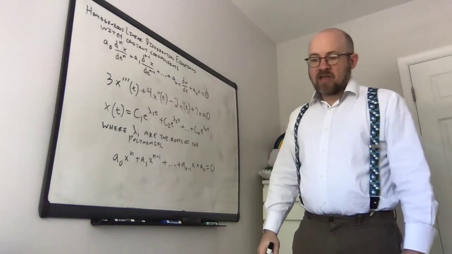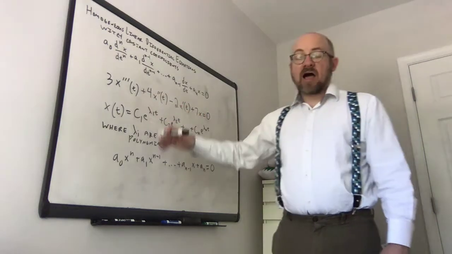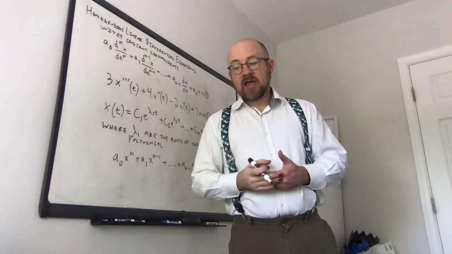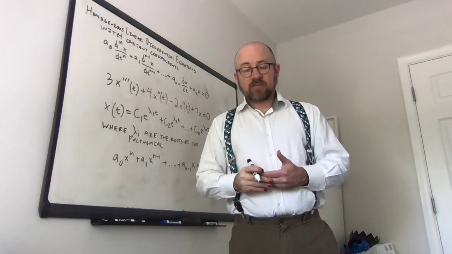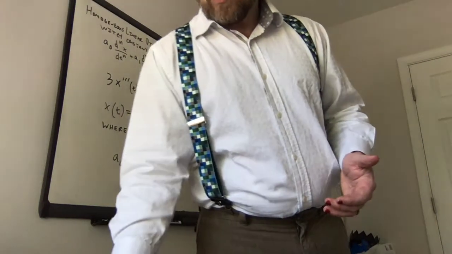And so that determines the lambda i's. The constants are going to be determined by initial values. If you've got a certain number of initial values, you can figure out what all the different constants are.